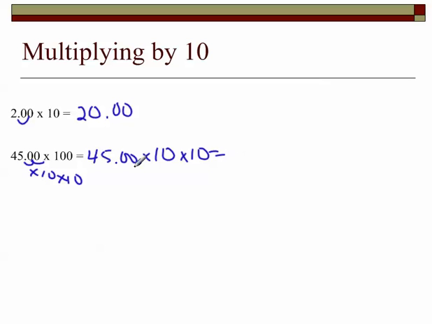So we can very easily rewrite 45 times 100 by just shifting the decimal place two places to the right. So this would wind up being 4,500. So again, every decimal shift to the right means we're multiplying by 10.